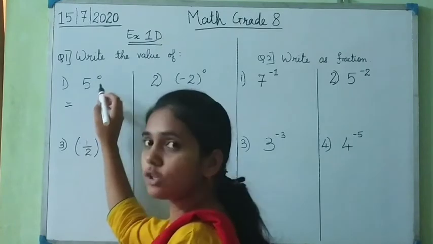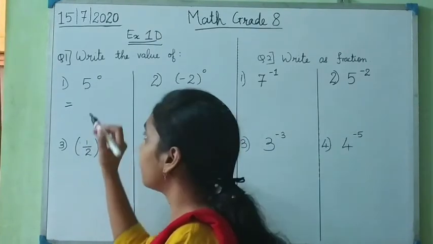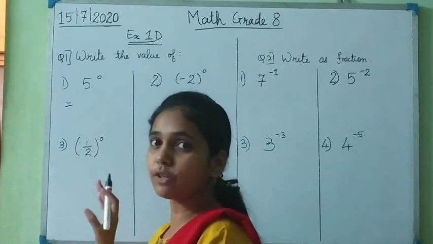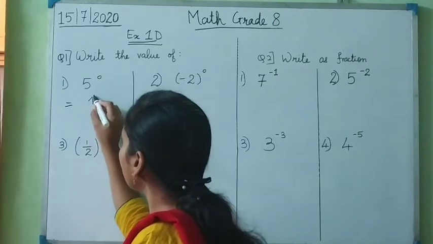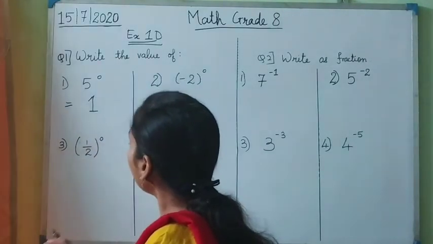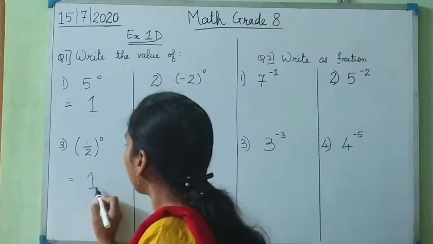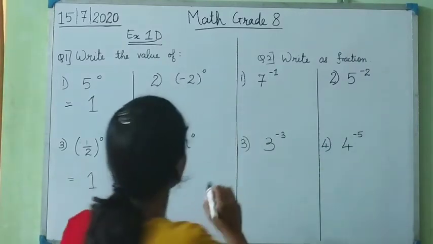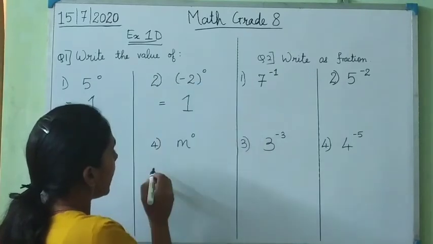Why? Because 5 raised to 0, the number is 5 and it is raised to the power 0. Okay, so if the index is 0, or if the power of any number is 0, then the answer is 1. So 5 raised to 0 is 1. Then 1 by 2 raised to 0 is also 1. Minus 2 raised to 0 is also 1.